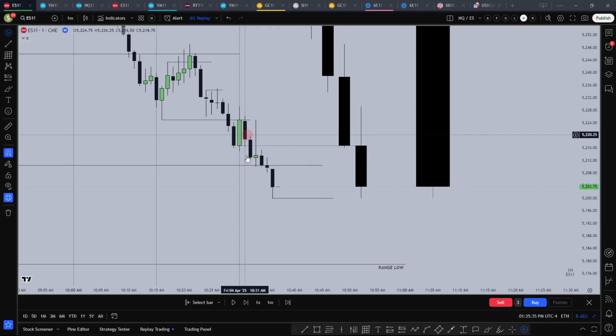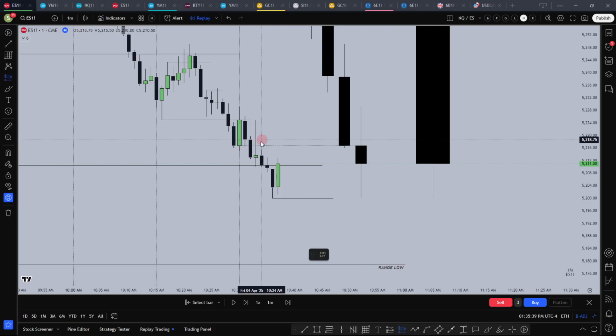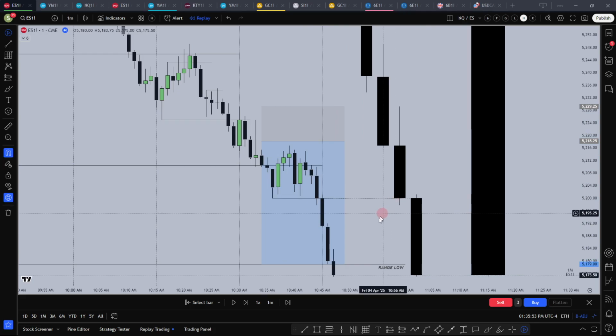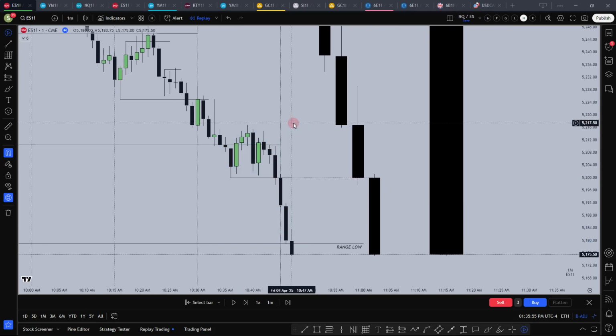If you were to take this on ES, this would have been around here, or if you were already in this position, your SL would have been trailed here, or you could have added to your position. And it melts till range low, obviously, yes.